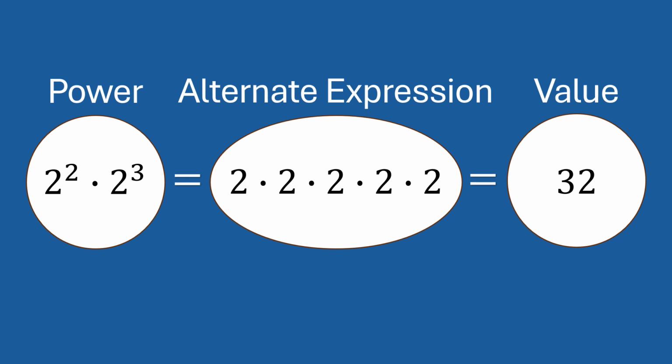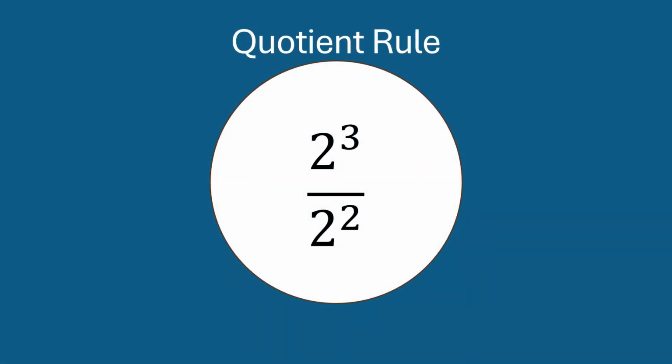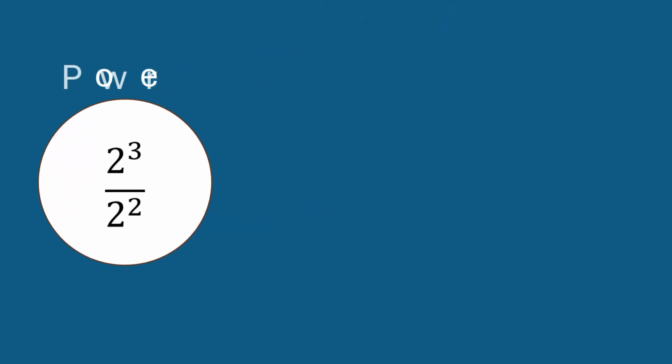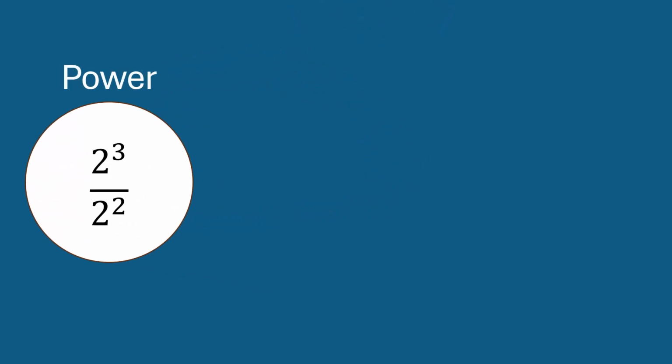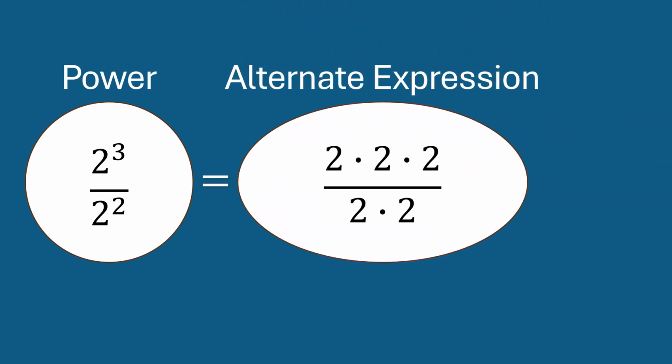Let's proceed to rule number 2, the quotient rule. In this situation, I have two different powers where one is dividing the other. My alternate expression will allow me to expand the top and the bottom.